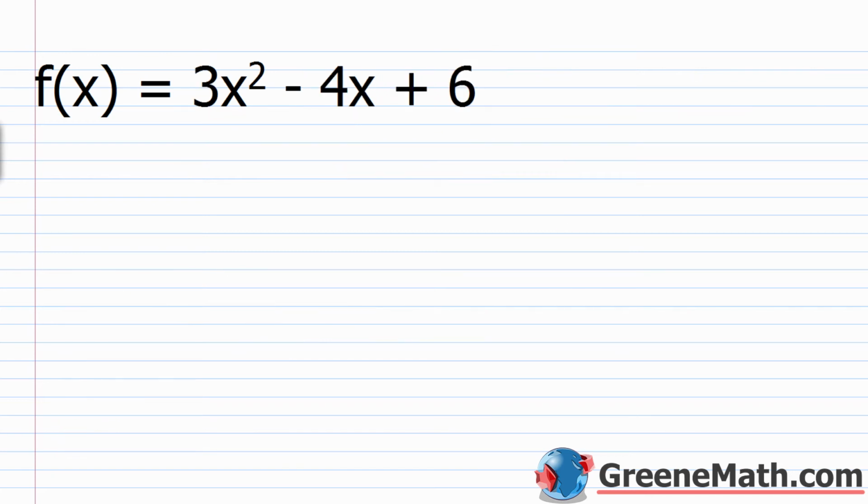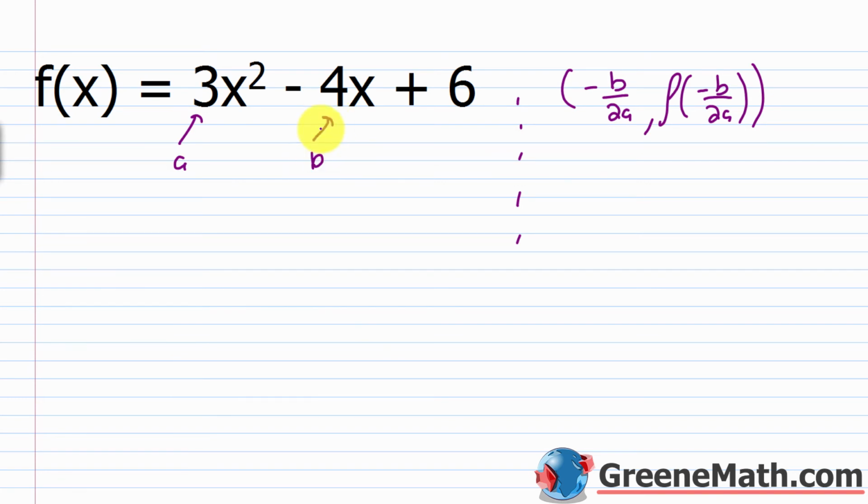So we have f of x equals 3x squared minus 4x plus 6. So again, the vertex formula, the vertex will occur at -b over 2a, comma, f of -b over 2a. Okay, so for -b over 2a, this is a, this is b, and this is c.